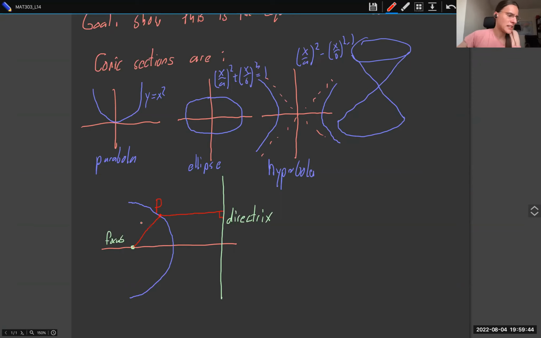We're going to get two distances. Let's call this distance R, and let's call this distance D. The definition of a conic section, apart from a circle, is that it is defined by a focus, a directrix, and a certain ratio that R and D have. So R over D is constant, and that ratio is known as the eccentricity of the conic section.